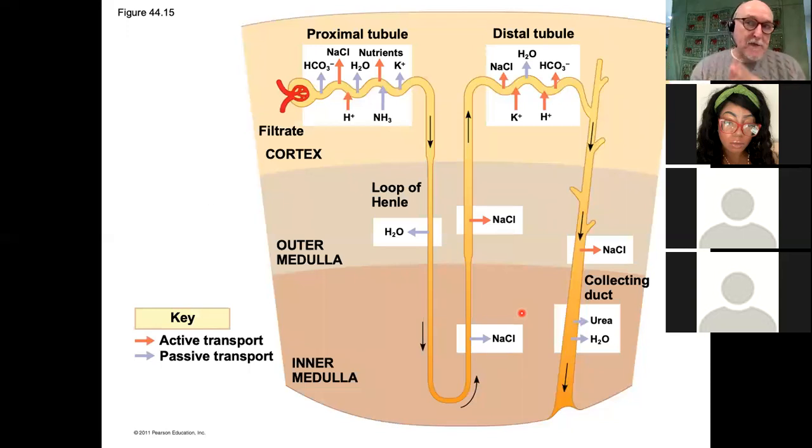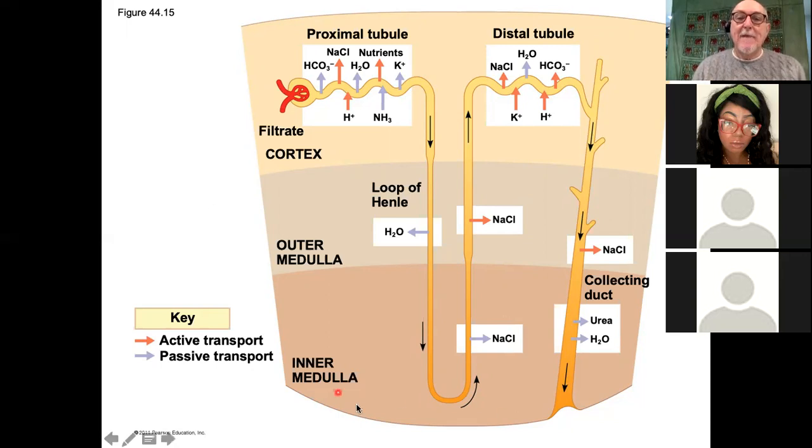So I know all of that seems very complicated, and it is. The function of the kidney is extremely complex. So let's just break it down into a couple of pointers that will help you understand function.